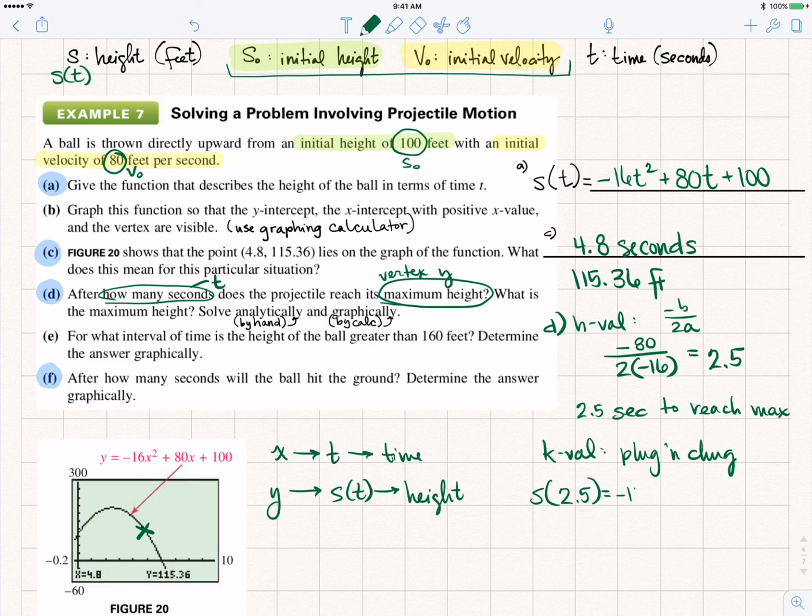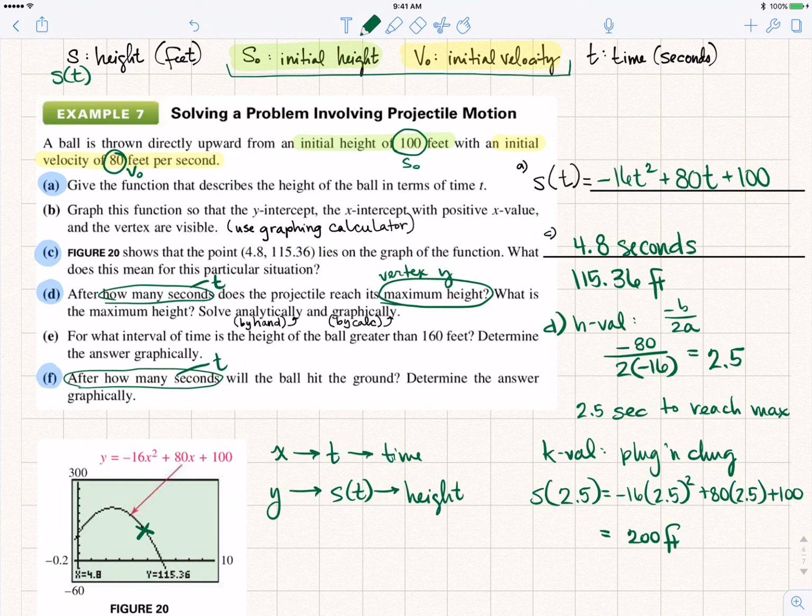So this is going to be negative 16 times 2.5 quantity squared plus 80 times 2.5 plus 100. If you enter that into your calculator, you're going to get a value of 200. 200 what? How high did it go? 200 feet.